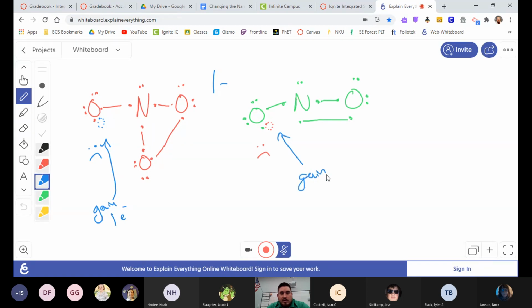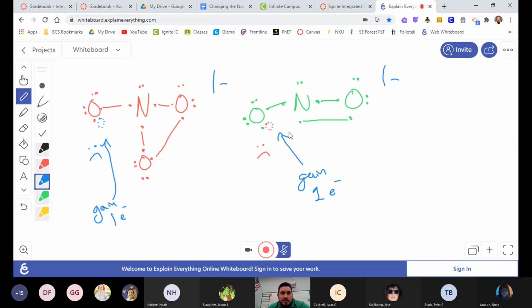I need to gain 1 electron, and therefore this nitrite is also a -1 charge. So you can kind of see we get creative with our drawings when we do this. Even though we added another oxygen, we still need the same number of electrons in order to connect all the dots, essentially.